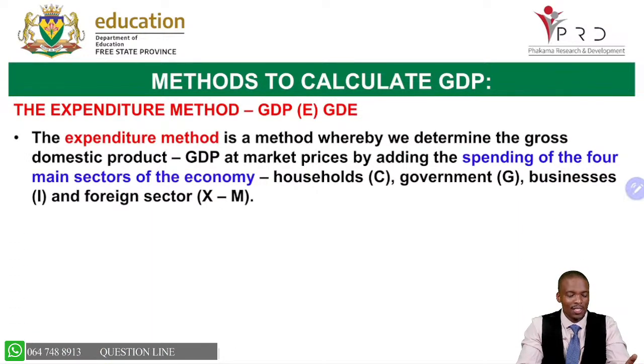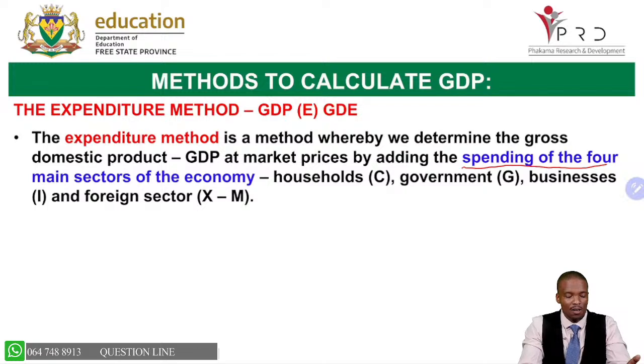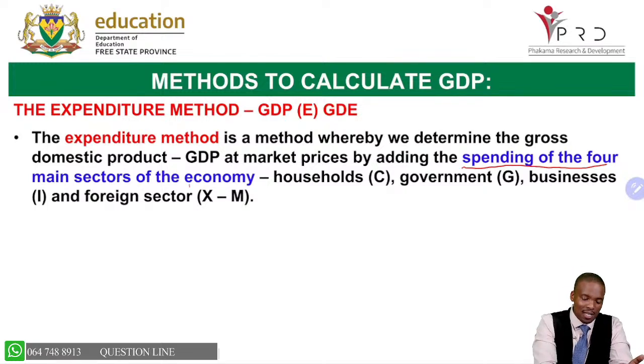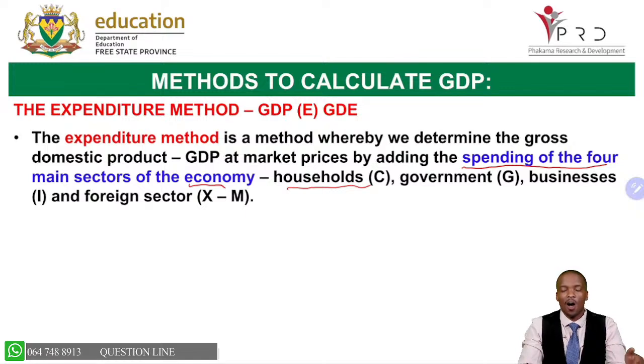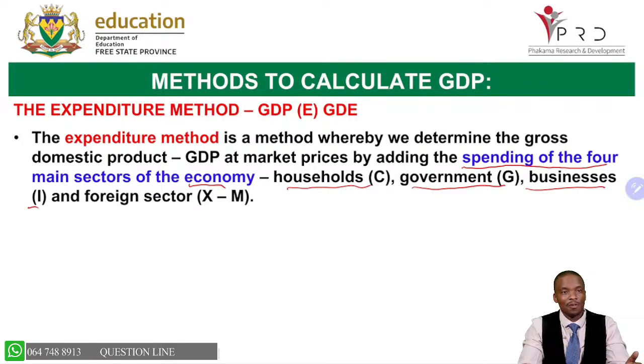The expenditure method, it is the method where we determine the gross domestic product at market prices by adding the spending of the 4 main sectors in the economy, namely consumption by households, expenditure by the government, investment or gross fixed capital formation.